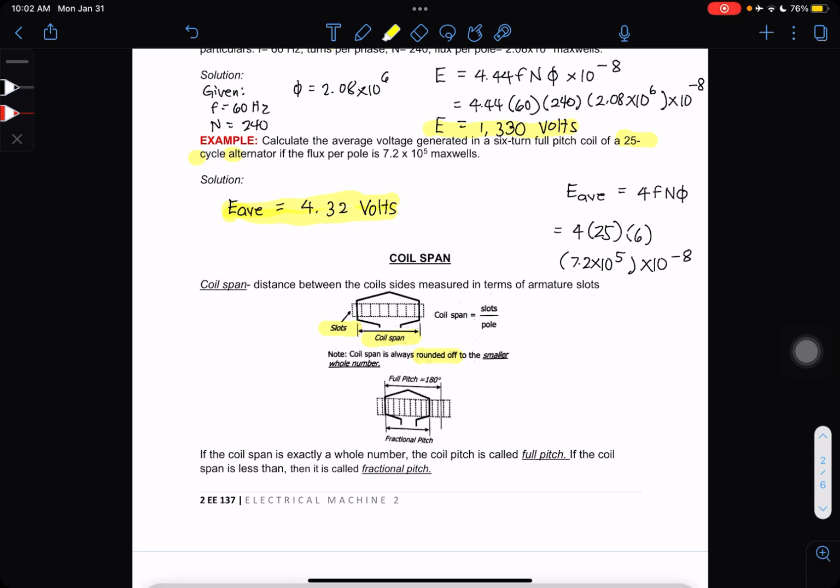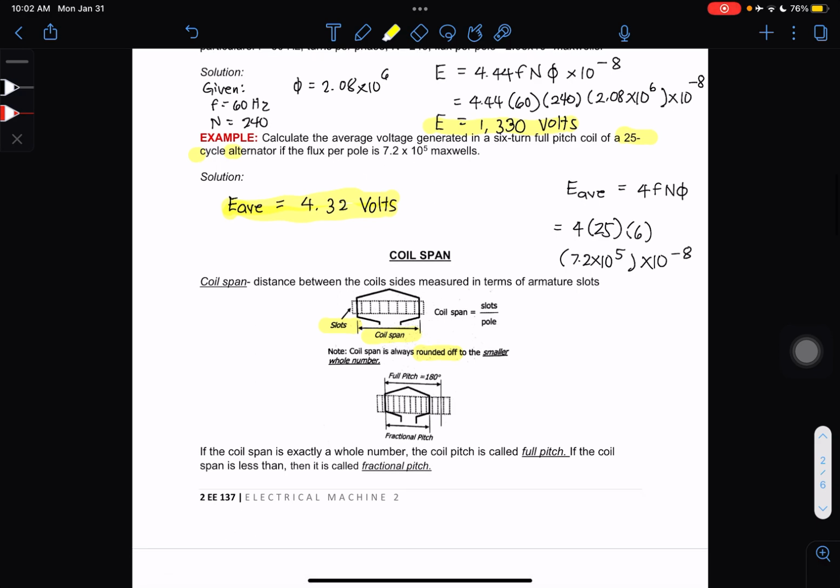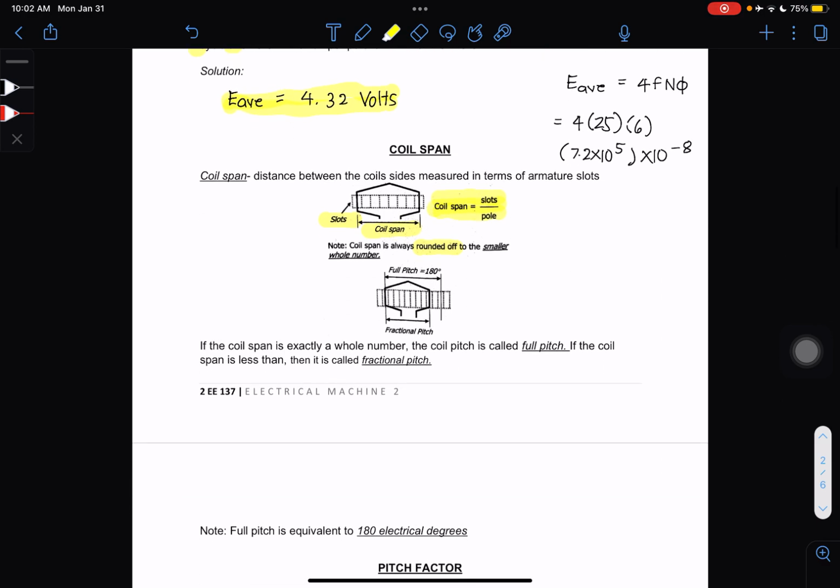So the formula for coil span is slots divided by pole. So memorize this. And for our full pitch, from the coil span we get the full pitch. So the full pitch is equal to 180 degrees. If the coil span is exactly a whole number, the coil pitch is called full pitch.